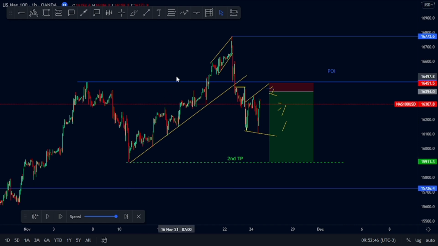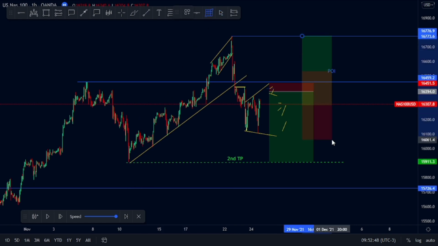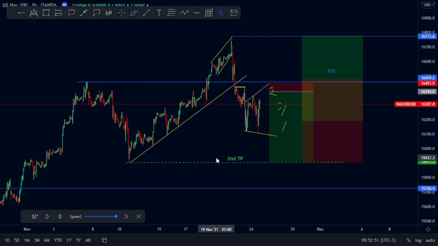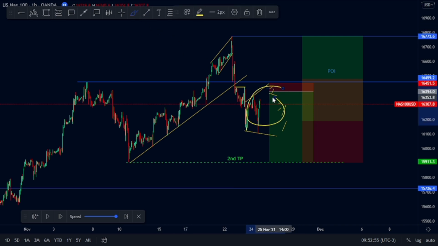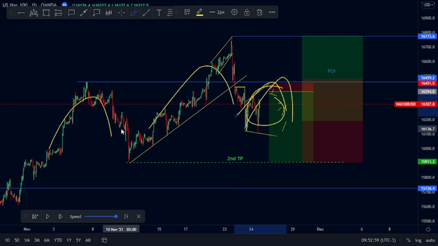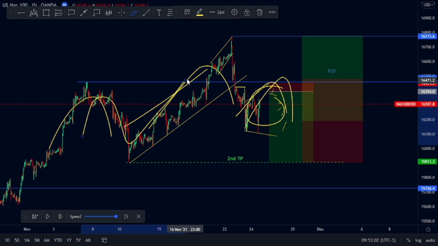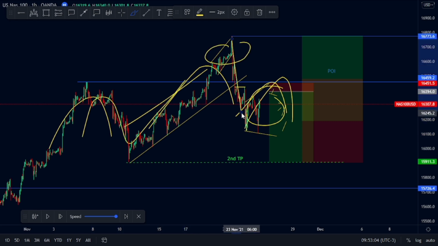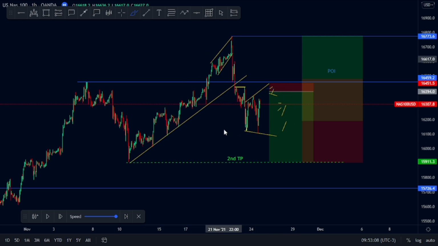So I spotted that since we're in the amber zone, there's a possibility that price can give us a larger continuation pattern, like a left shoulder, head, right shoulder, M-style formation, liquidity trap, and a push down as a confirmation to push with our selling opportunities. So I focused on a larger continuation pattern.